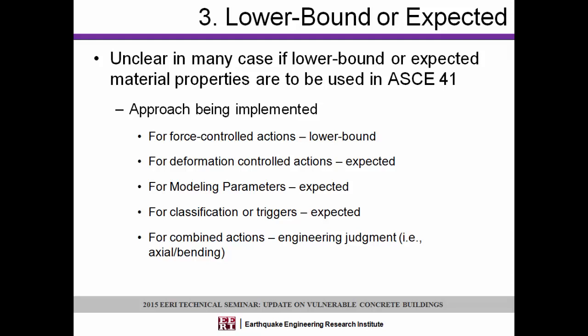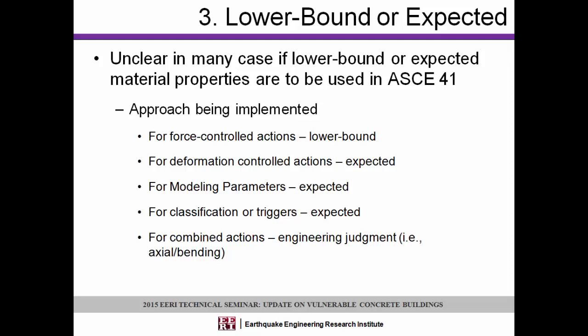For classifications, if you're trying to classify something, so looking at your joint, to figure out which stiffness to use or any triggers, we are proposing to use the expected material properties, so you get the best estimate of the actual classification that you're going to be using. And here's where our hang-up is for combined actions.